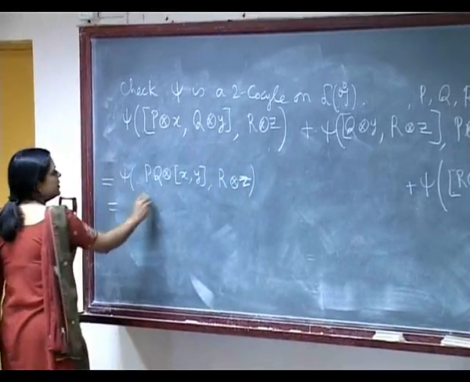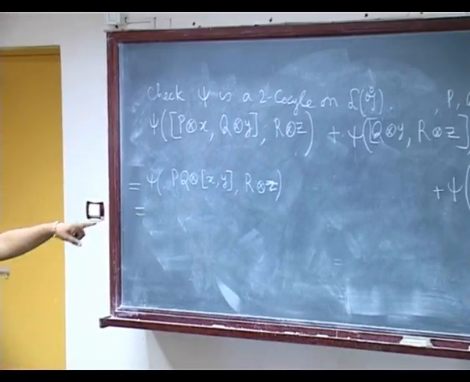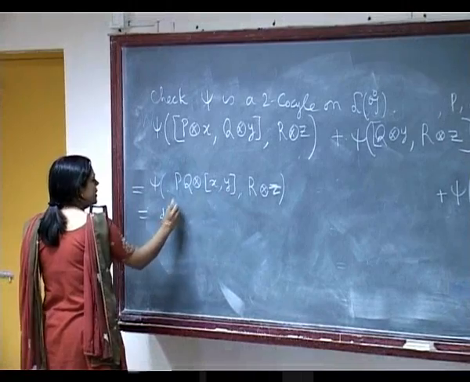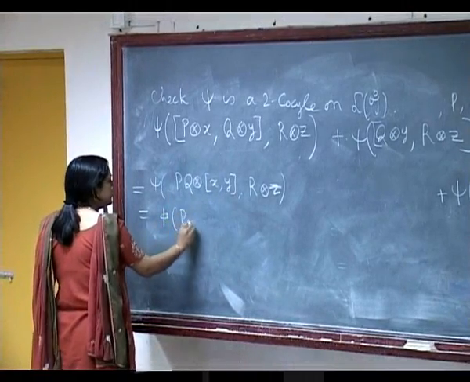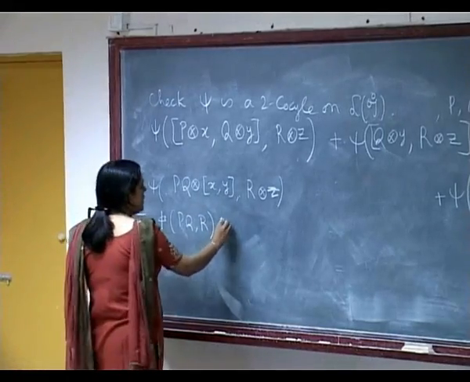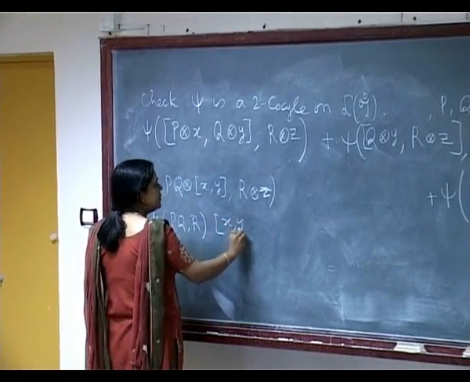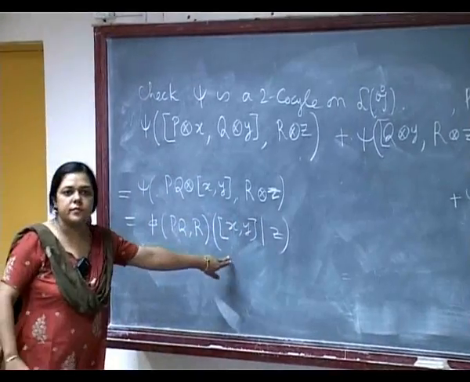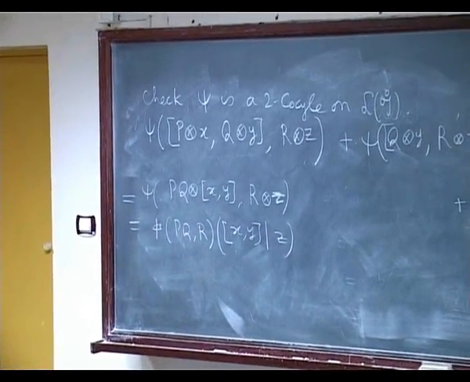If we make use of that, it is simply phi of PQ R and the bilinear form of x bracket y with z. Yes, this one is okay.